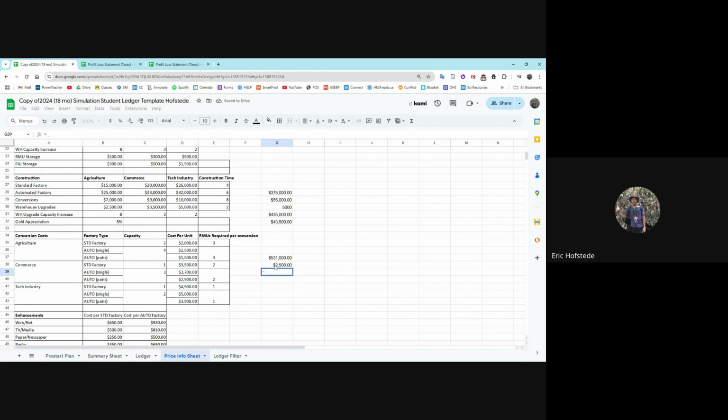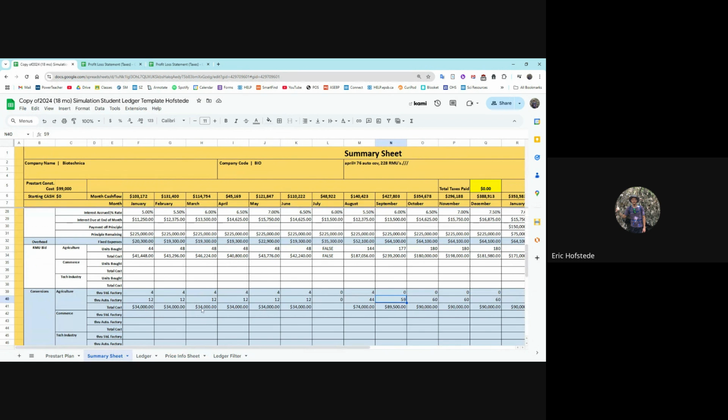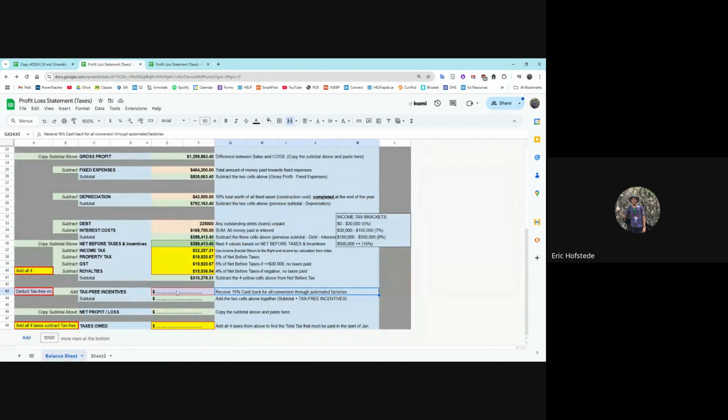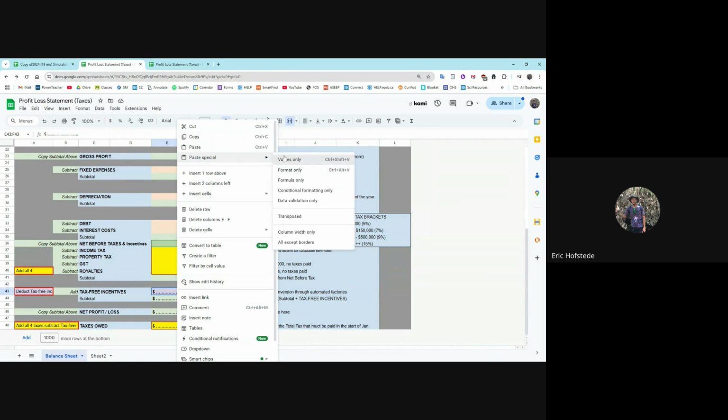This is that number plus that number. That is actually my total auto conversion cost for having that odd one. You might have more months that are odd. You might have no months that are odd, but you do need to watch for the odd numbers because you get charged slightly more for that singles price, regardless of what industry. All right, then we're going to take that number and we're going to put it into our tax-free incentive value.